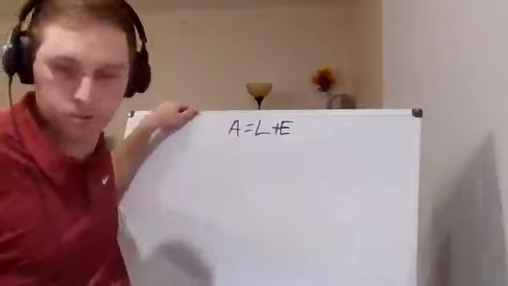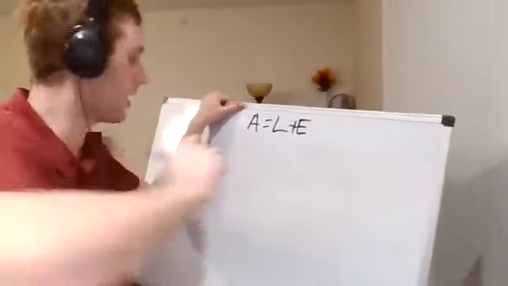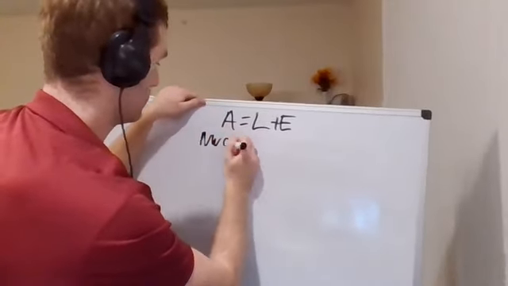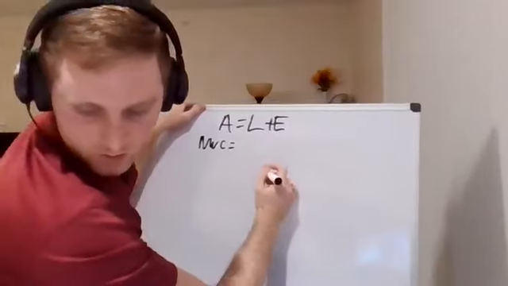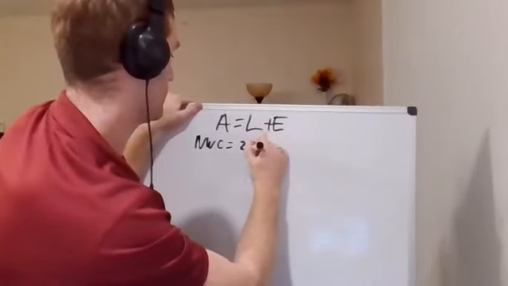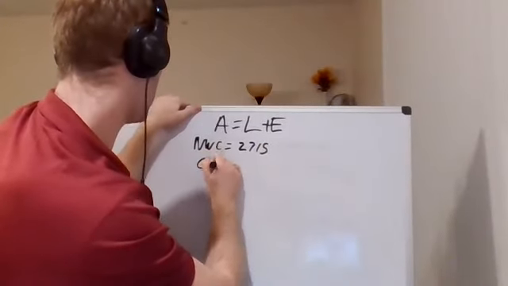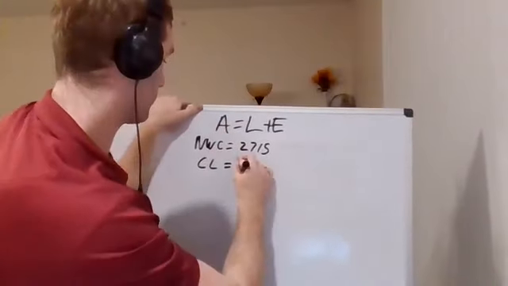So we know we got to work backwards. So net working capital, again, we'll just take all the variables. NWC equals 2715. Our current liabilities equals 3908.